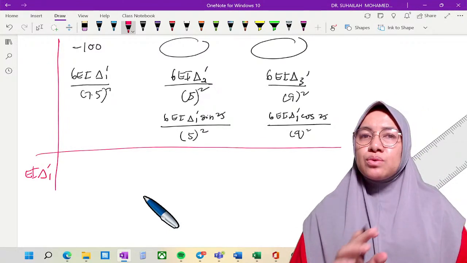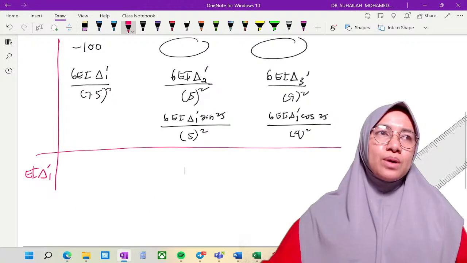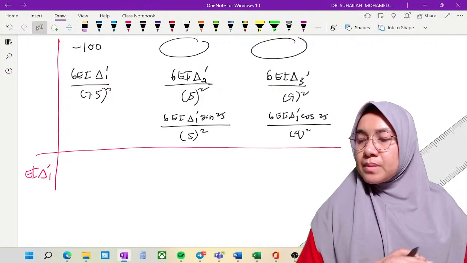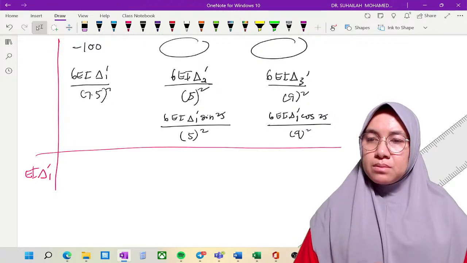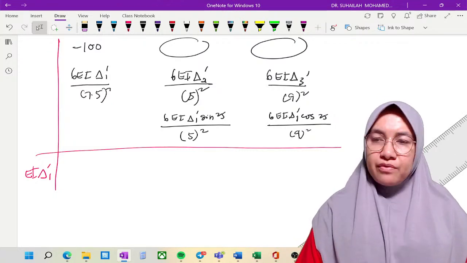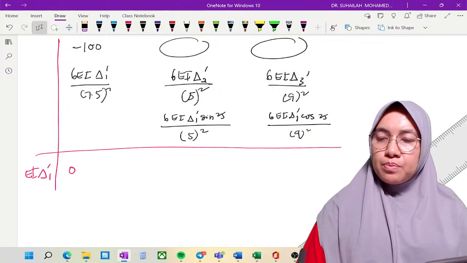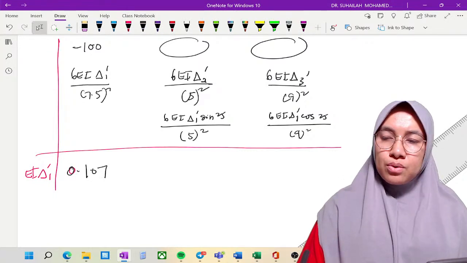I want to calculate the ratio. So it is 6 divided by 7.5 squared, which is 0.107.